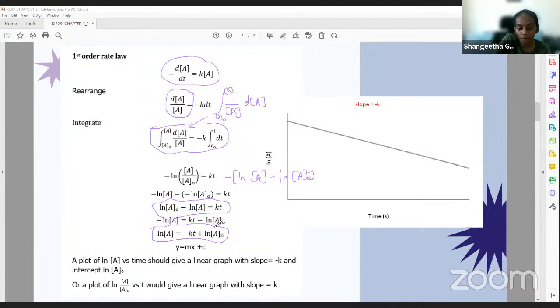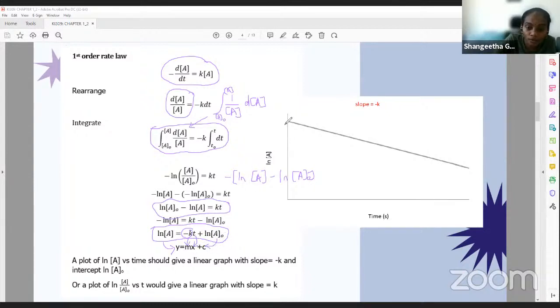ln A naught. So from here, what you can see is the similarity between this expression and your normal straight line expression: your ln A is your y, your negative k is your slope, your t is your x, and your ln A naught is your intercept.